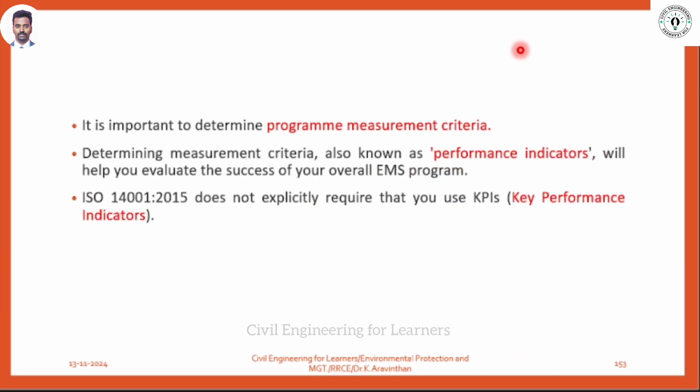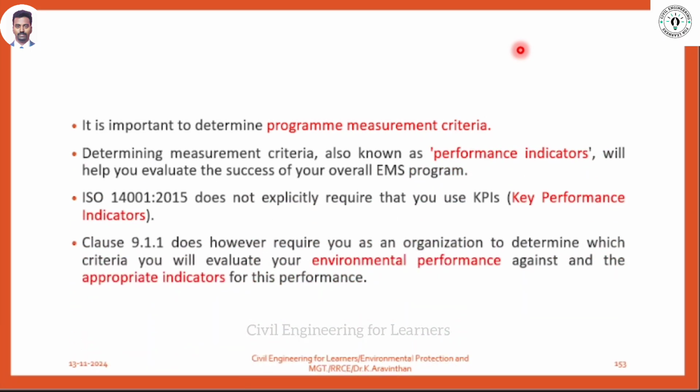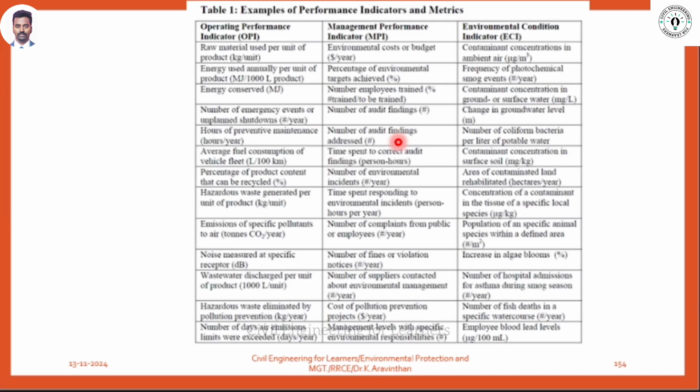So these are further points. What are the benefits you get from measuring? Now, this is the environmental performance indicator which I have told. What to monitor or what to measure is the environmental performance index. What are operational performance indicators? From raw materials, how much raw material is coming into an industry.